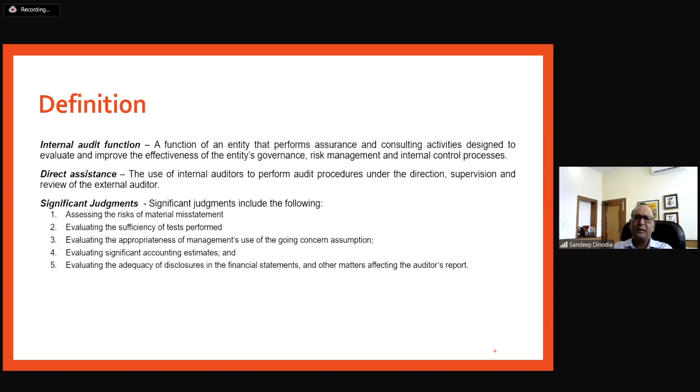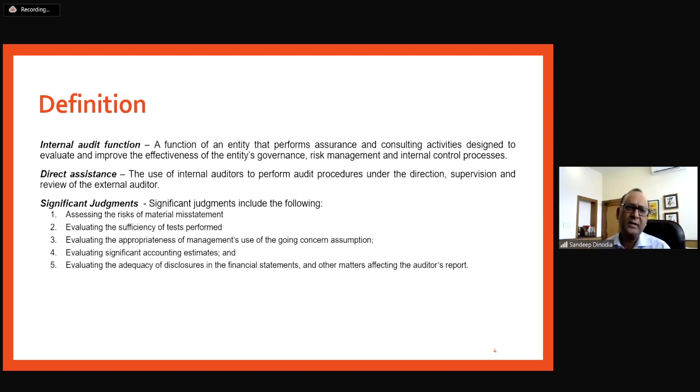And while we are forming an opinion on an audit, we look at whether adequate internal control processes, risk management, and the entity's corporate governance and other governance processes are properly addressed by the entity or not. For this, the internal audit is a great tool of assistance to the statutory auditor.